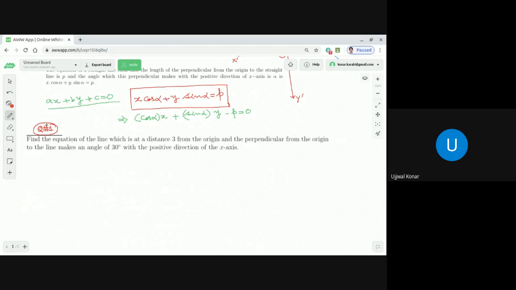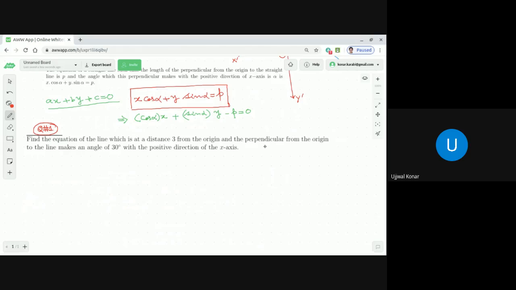So the question is: find the equation of the line which is at a distance 3 from the origin, and the perpendicular from the origin to the line makes an angle 30 degrees with the positive direction of the x-axis.